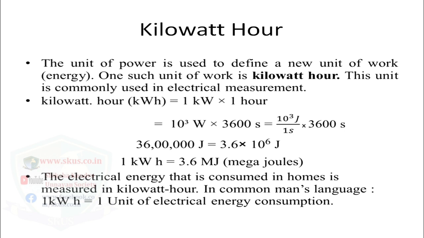Taking the product, we get 10 to the power 3 joules per second into 3600 seconds. So, 1 kilowatt hour comes out to be 3.6 into 10 to the power 6 joules, which is equal to 3.6 megajoules. The electrical energy consumed in our homes is measured in kilowatt hours. In common language, 1 kilowatt hour is equal to 1 unit of electrical energy consumption.